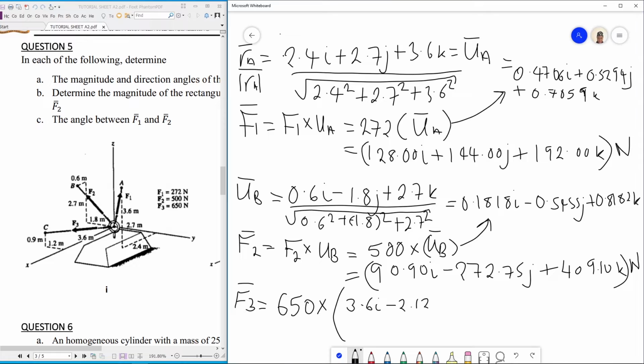No, I think I am getting it wrong here. Okay, it should be 1.2. As you can see, that 1.2 here.